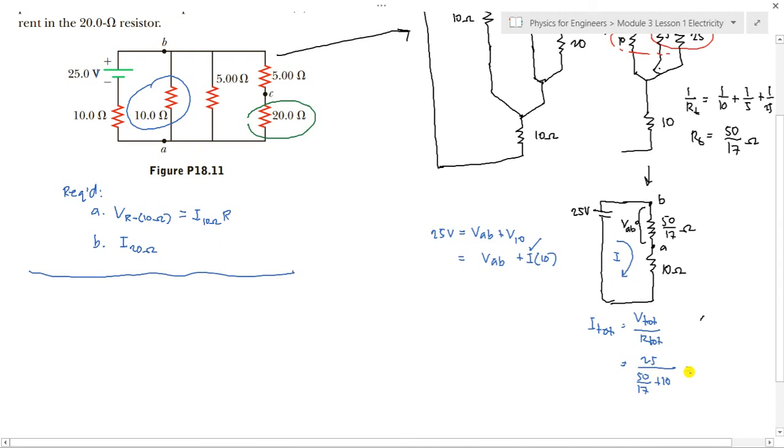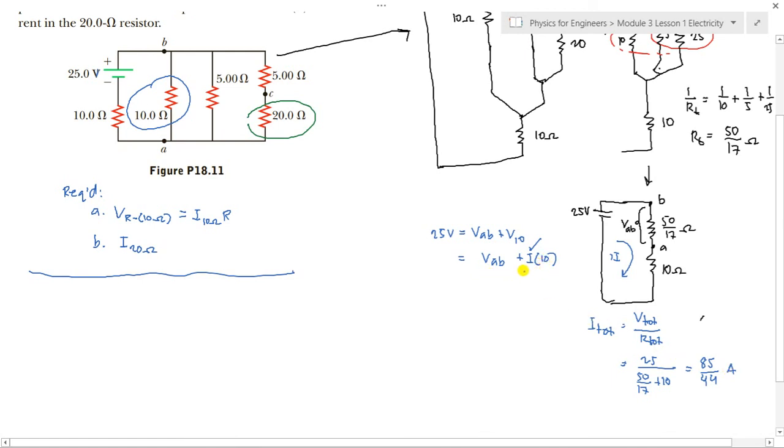The answer is 85 over 44. That is the total current, 85 over 44 amps.